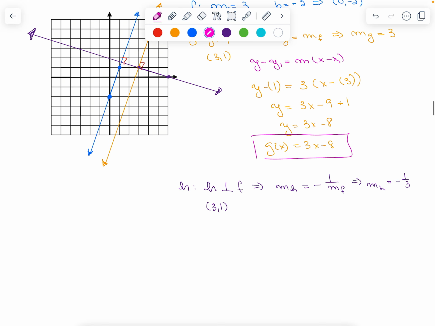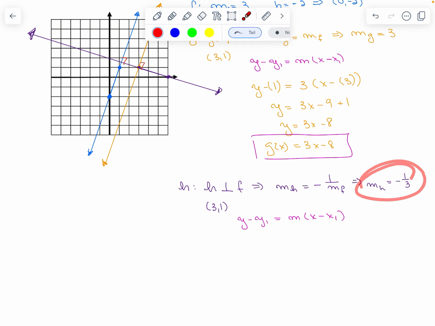Again, using the fact that y minus y1 equals m times x minus x1, I have the slope and I have an ordered pair. So let's go ahead and use those. So y minus 1 equals -1/3 times x minus 3.